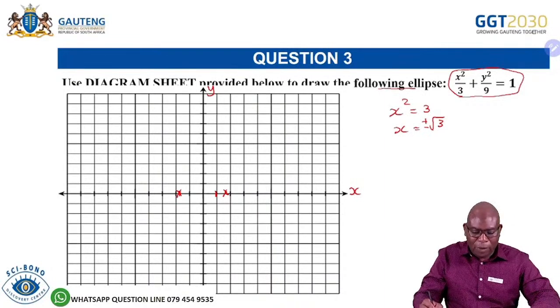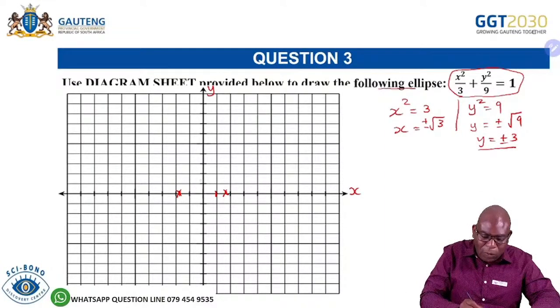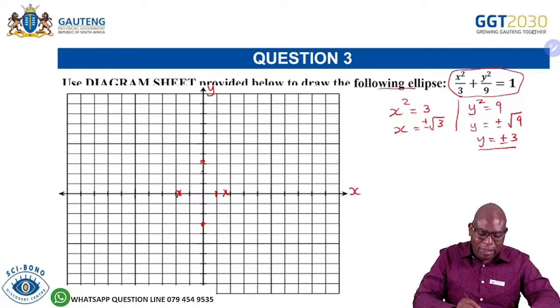Okay, right, so from there, I go to the y and say y squared equals 9, y equals plus or minus the square root of 9, which in this case I know is plus or minus 3. So I go to my y, I count 1, 2, 3, I put a point there, and 1, 2, 3, I put a point there, and from there I take my pencil and I just trace these points like this, trace them again like this.